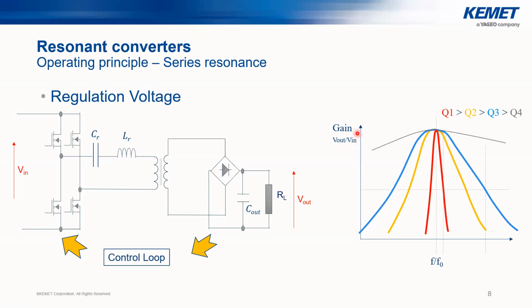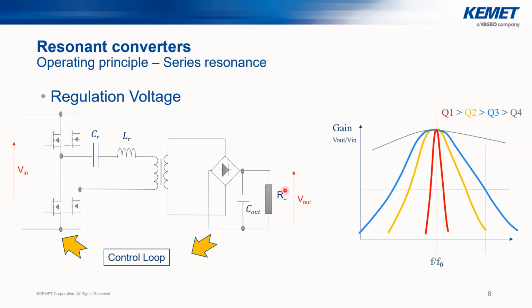This will affect the gain. So to keep the same gain, we need to change the operating frequency of our converter. We will remain on the same yellow curve, but we will reduce the operating frequency by the same factor as the input voltage has changed.